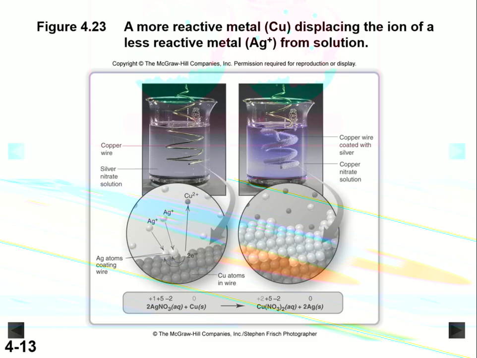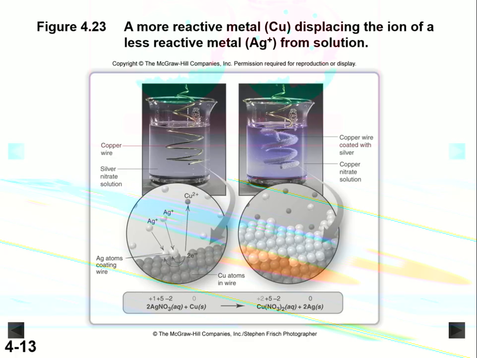Here we can see a metal displacement reaction. So we have copper wire and silver nitrate. Turns out silver is a very stable metal. And so if I have silver nitrate, that's silver in the oxidized state, silver can come in and displace copper and release copper ions. And you can see this in the bottom reaction.